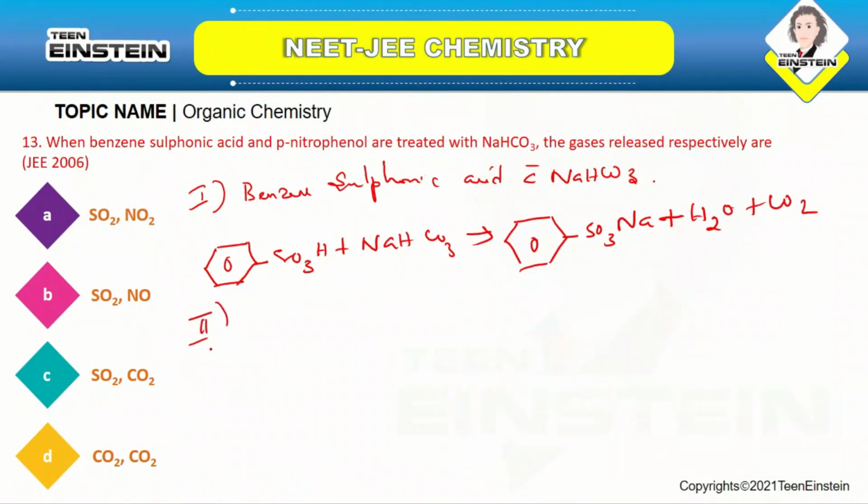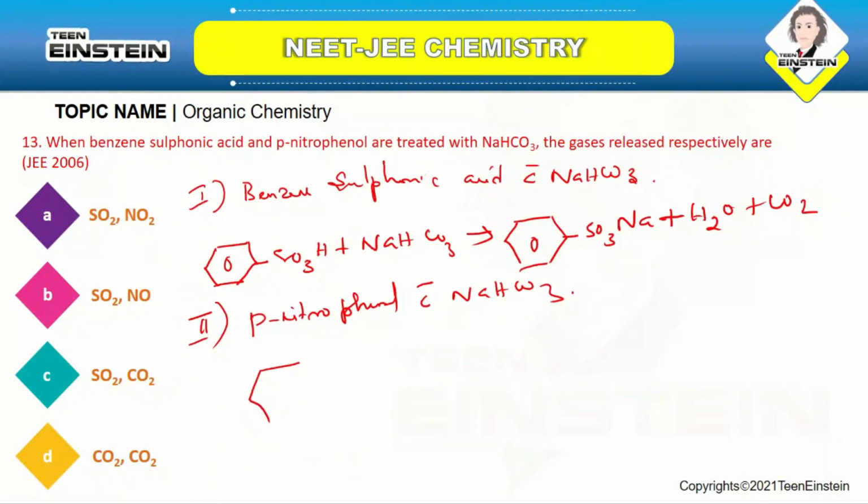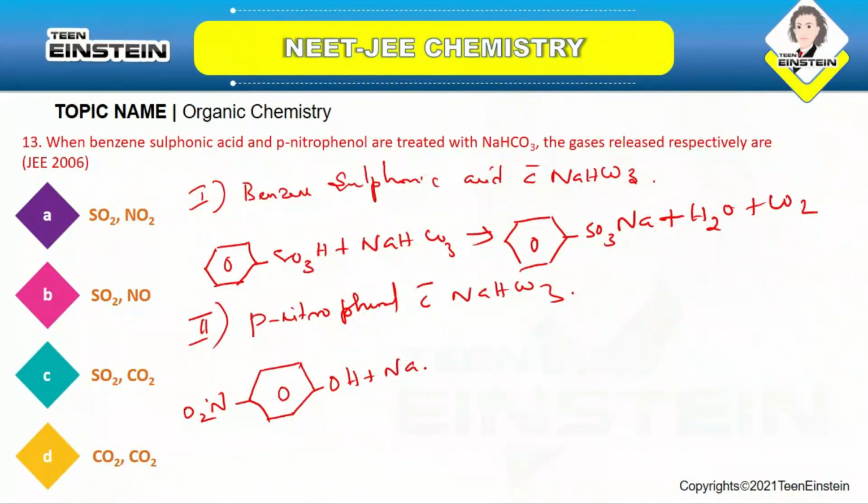So come to the next reaction, that is the chemical reaction of para-nitrophenol, which is treated with sodium bicarbonate. The chemical equation for this is para-nitrophenol, which reacts with sodium bicarbonate.